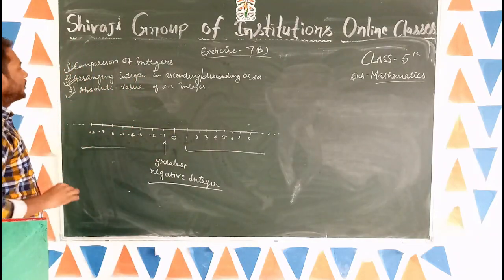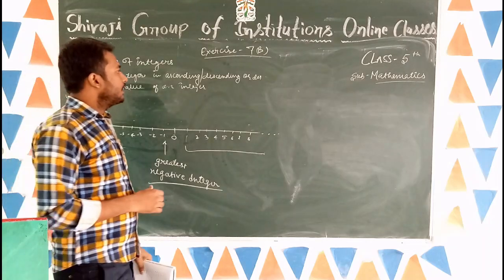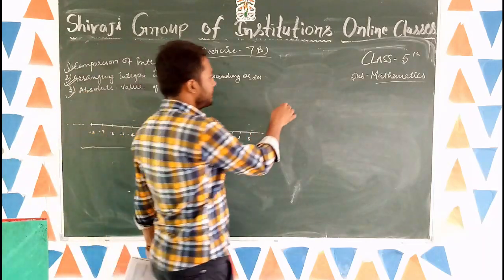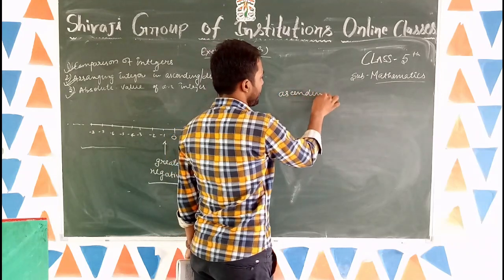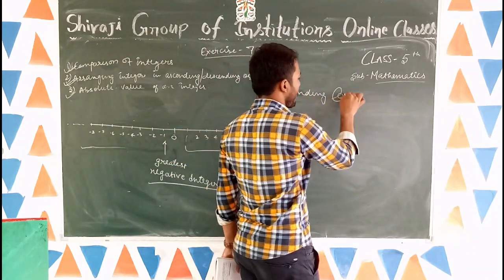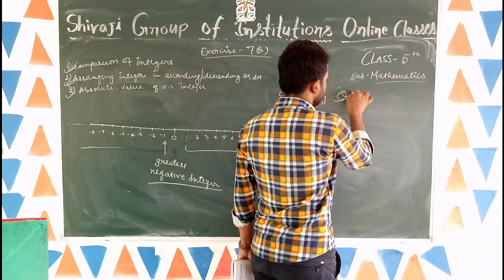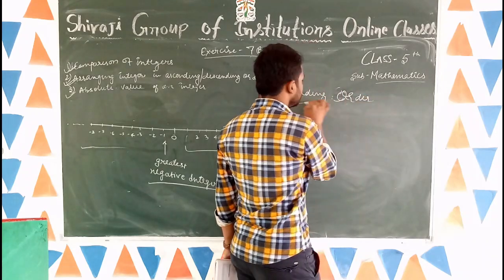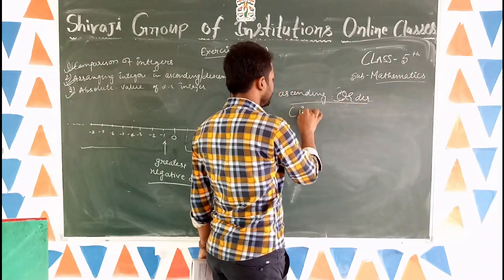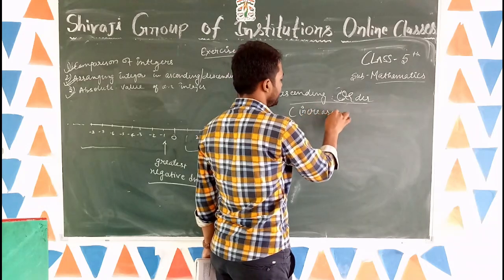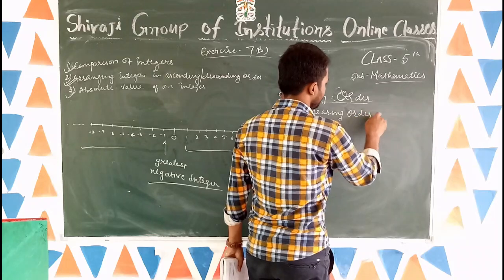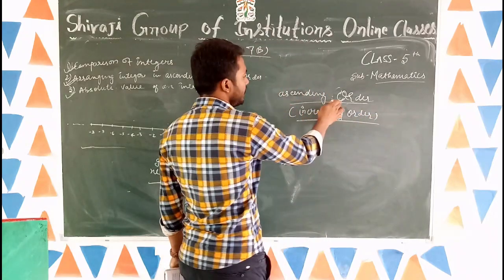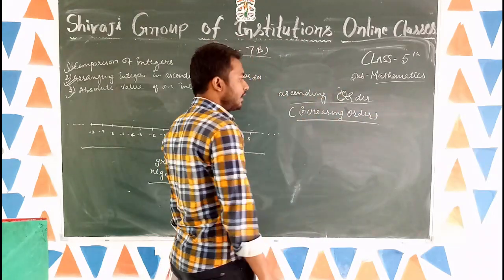The second topic we are going to discuss is arranging integers in ascending or descending order. First, see what ascending order is. Ascending order we can say is increasing order.